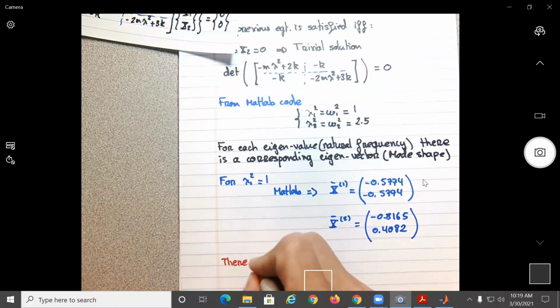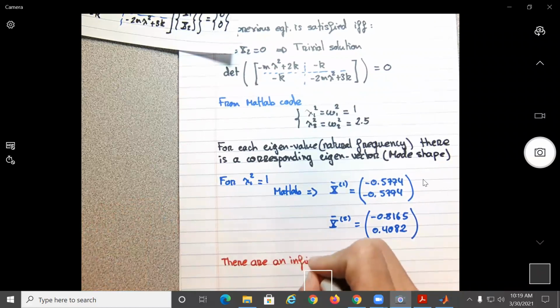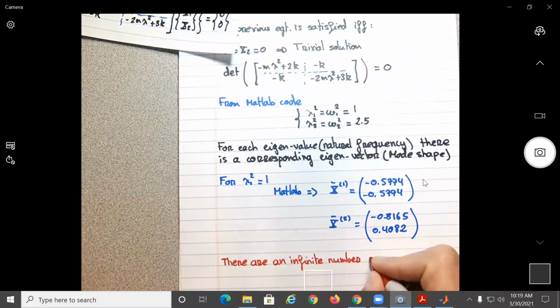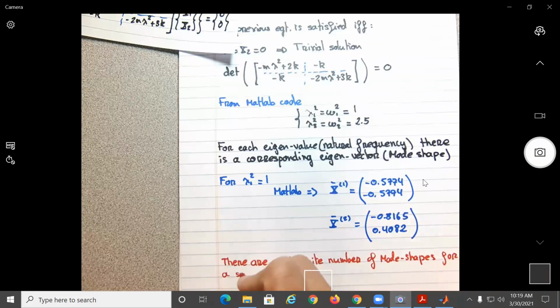There are an infinite number of, I'm going to put here mode shapes, which is the eigenvectors for a specific natural frequency or eigenvalue.